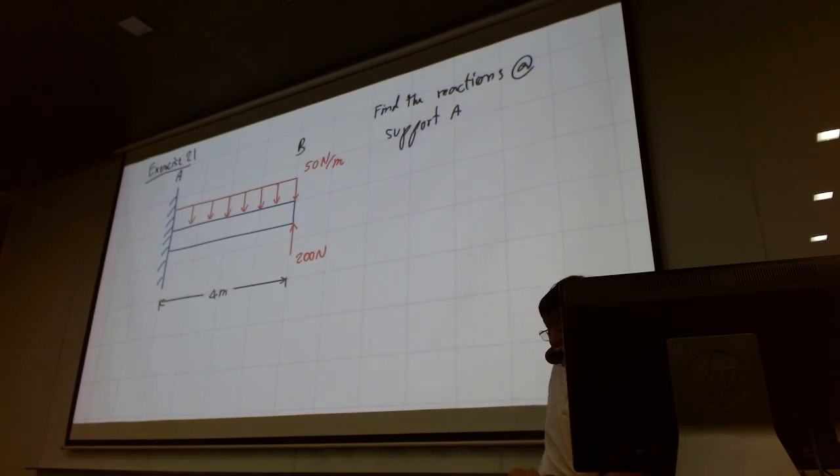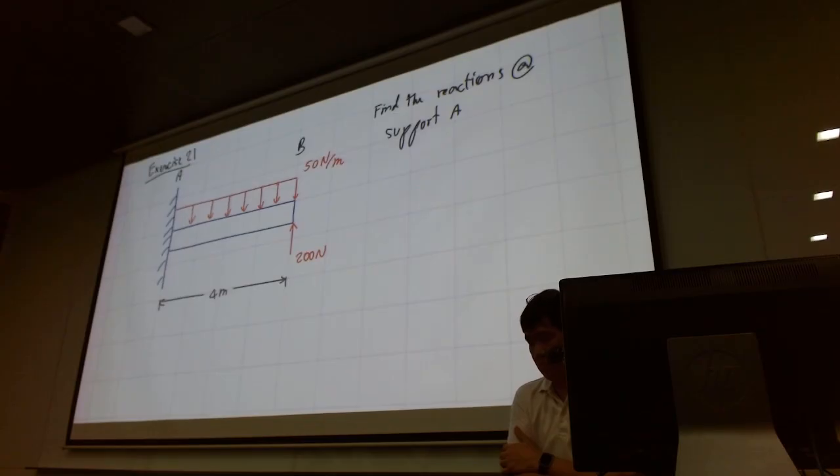This is point A and B. You have the uniform distributed load of 50 Newton per meter across the 4-meter length. So draw the free body diagram and find the answer.